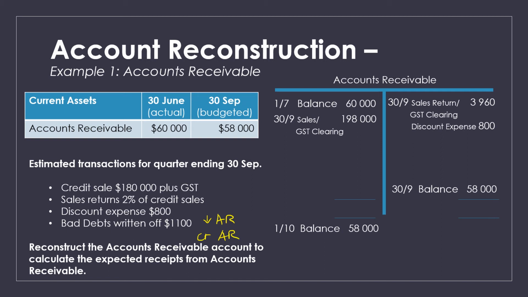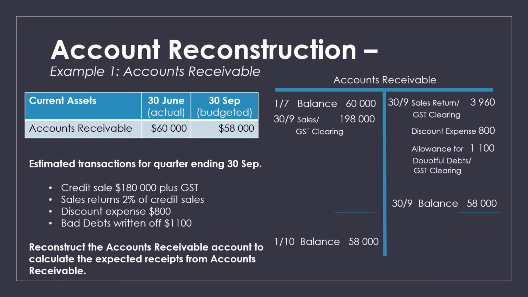So here on the credit side of the ledger account, we record $1,100. And bad debts are written off against the allowance for doubtful debts. And because we also have a GST adjustment, we need to record it here in the cross-reference.